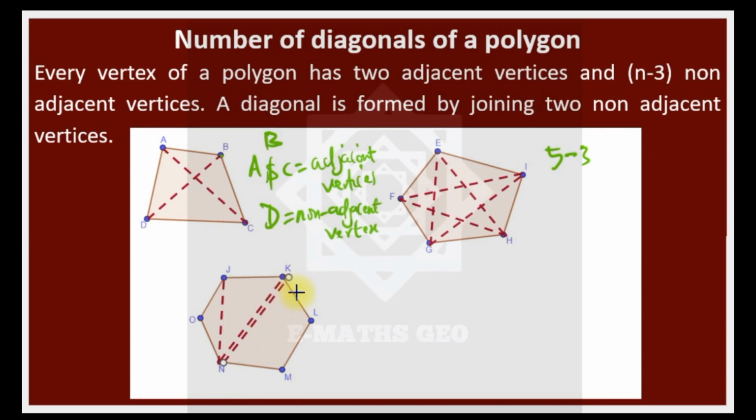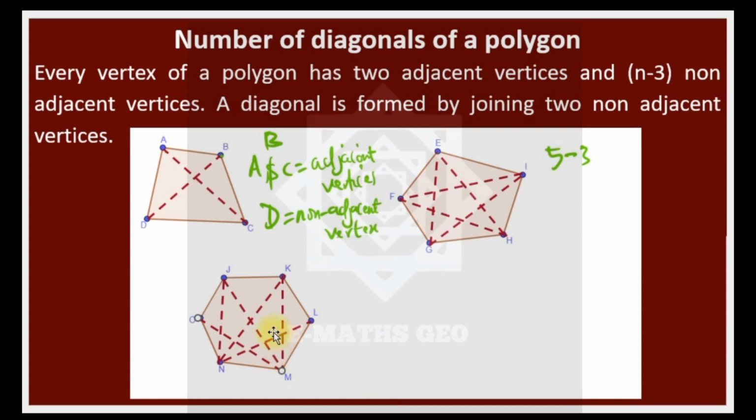So we are done with vertex N. So let's check for M. One, two, and finally 3. From what we said, n minus 3 non-adjacent.